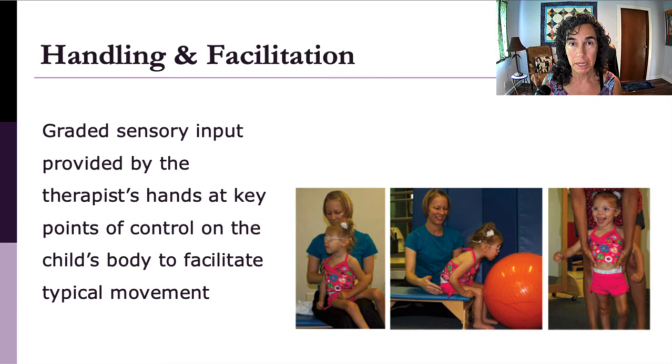And the movement that's being facilitated is turning, right? So rotary, rotational movement. In the second picture, there's some control at the hips as the child leans forward towards that ball. And in the last picture, the child is upright. And again, you can see that there's some facilitation happening above the hips, but at the torso, so that child can maintain more easily and effectively an upright posture. Okay.